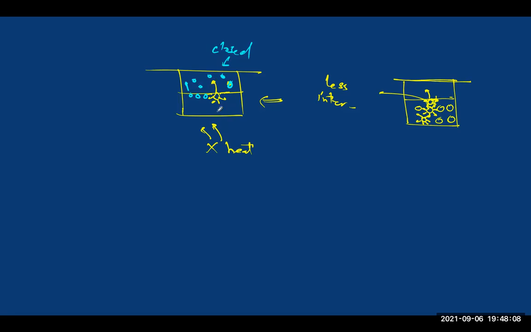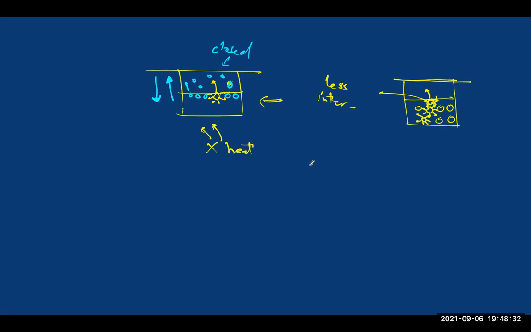So we will start to have a reversal process. We have evaporation and we will also have condensation. So we will have two processes that happen at the same time. We will have evaporation from the molecules at the surface, and then these molecules that were already converted to vapor will again come back to the liquid and convert to a liquid again.